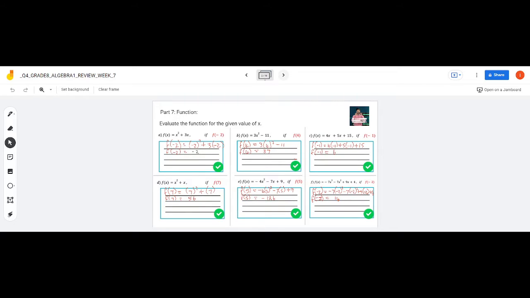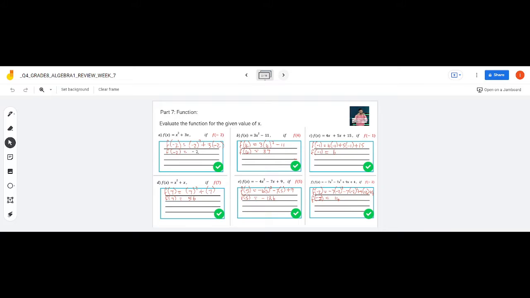So what's important about evaluation is whenever you see f of whatever is in the bracket, you just put that in the place of x. So f and whatever is inside the bracket, you put that in the place of x. F of something, and you just put that something wherever there's an x, and so on and so forth.